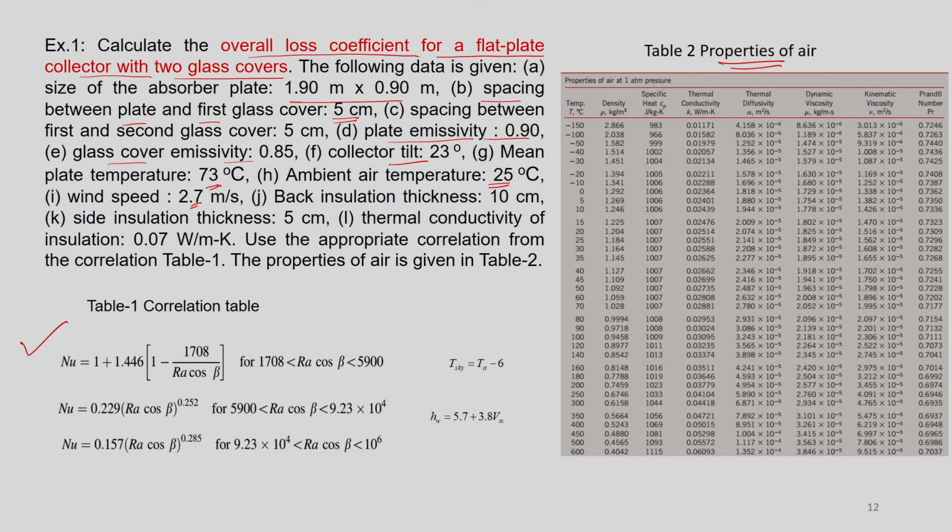Okay. So, to understand clearly, let us draw this figure first. We will have two glass covers, and then we will have one absorber plate, and we will have insulation, side insulation as well as bottom insulation.